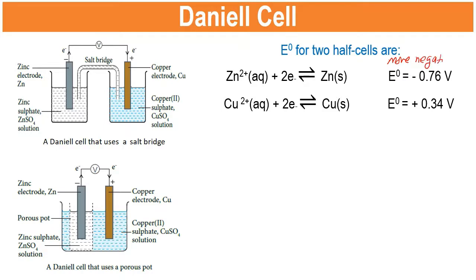When the E0 value is more negative, it becomes the negative terminal. But for copper, the E0 value is more positive. Metal with the E0 value that is more positive will become the positive terminal.